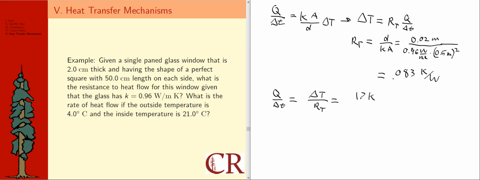You could say maybe it should be 17 degrees Celsius, but when it comes to a delta T, that's the same thing.